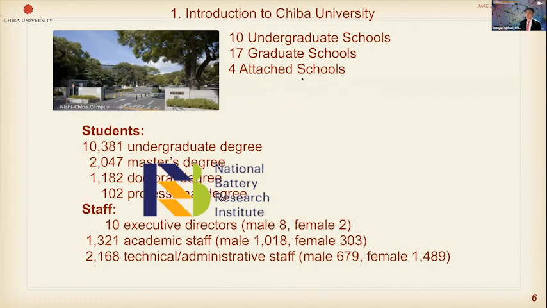And how many students and how many staff? Undergraduate degree students are 10,000, master's course students 2,000, doctoral course 1,000. So many students here. Academic staff is about 1,300, and administrative staff is 2,000.